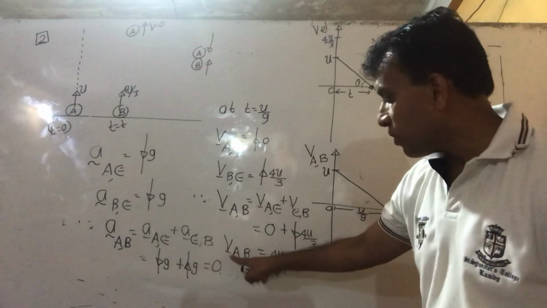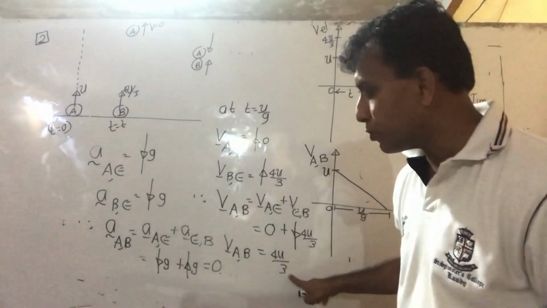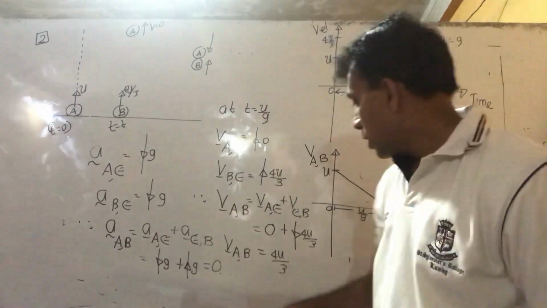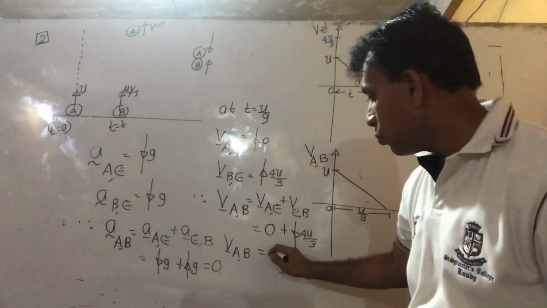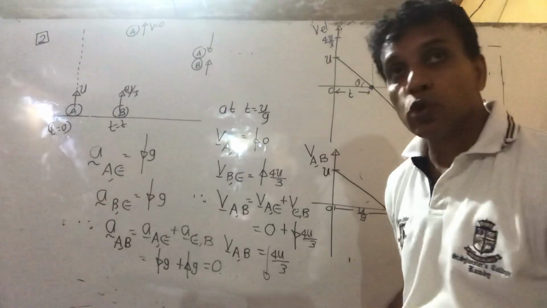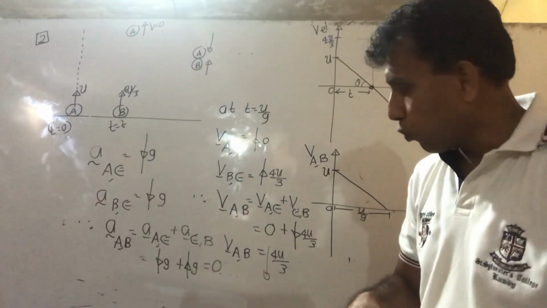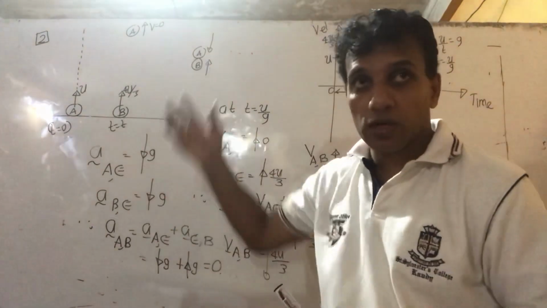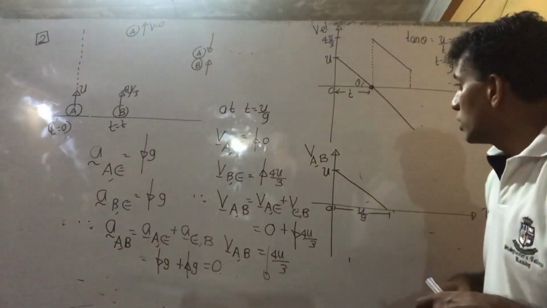Therefore initially the speed is 4U over 3, and the same velocity is maintained on that occasion, but you know it's downward. The answer is 4U over 3. Therefore both collide after the second projection.